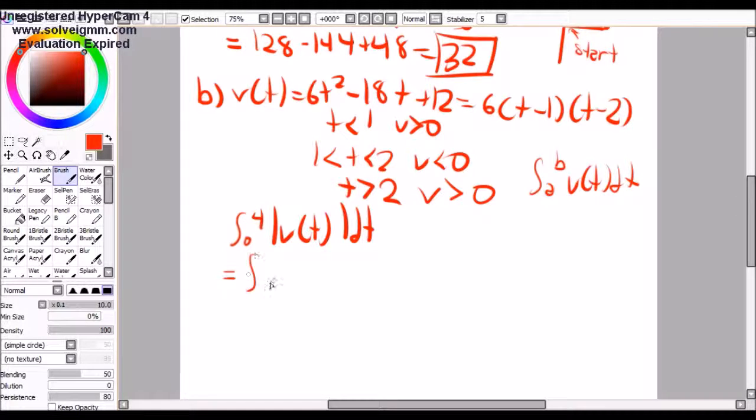So in this case, from 0 to 1, v(t) is already positive, so we can just leave it be. However, from 1 to 2, it's negative, so that means we have to put a negative sign in front to make it become positive. And then once again, when t is greater than 2, it's positive, so we just leave it be.